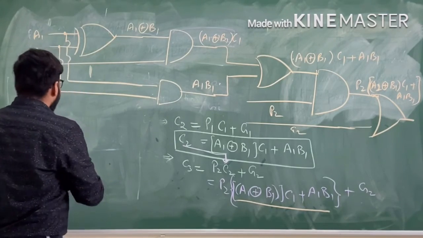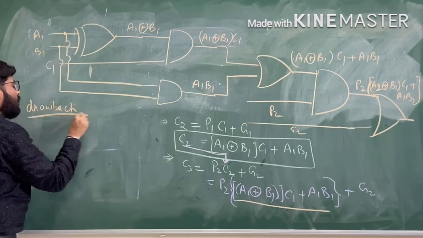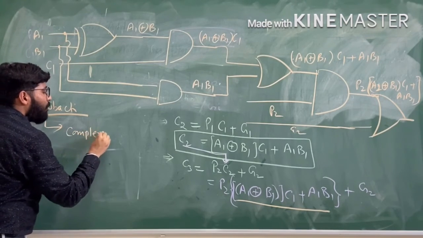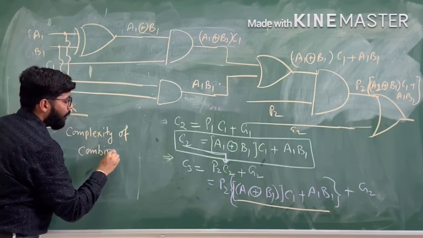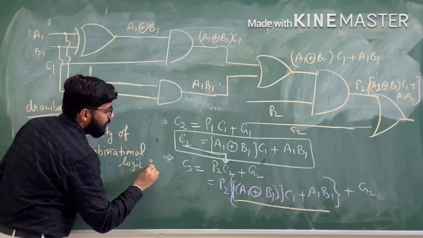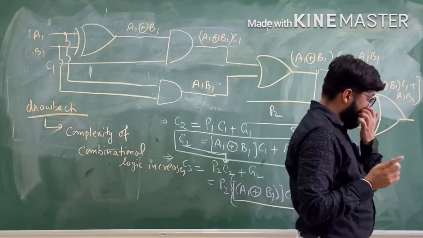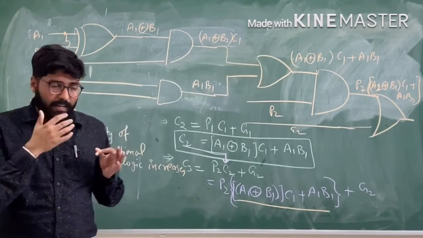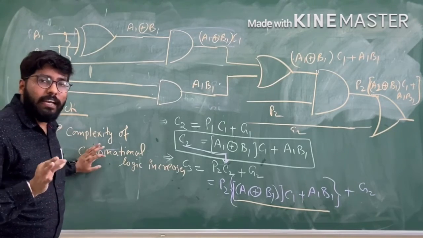So this is the drawback of the carry look ahead adder: the complexity of the combinational logic circuit increases, but the speed of response is increased. So there is an advantage and a disadvantage of the carry look ahead adder. So this is about the carry look ahead adder.